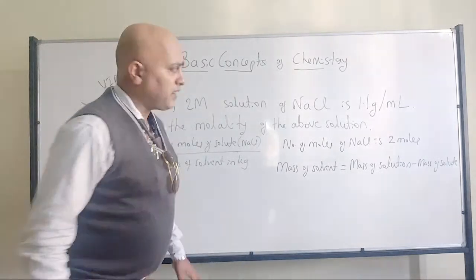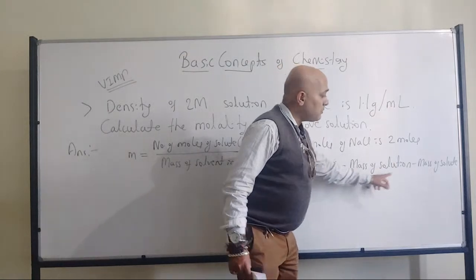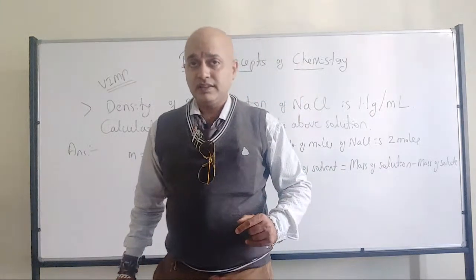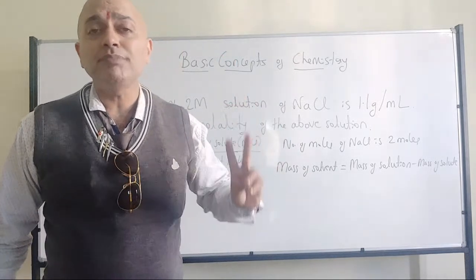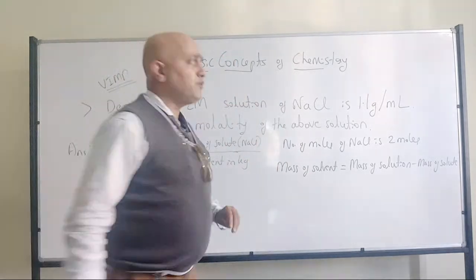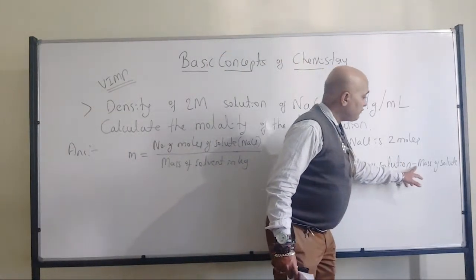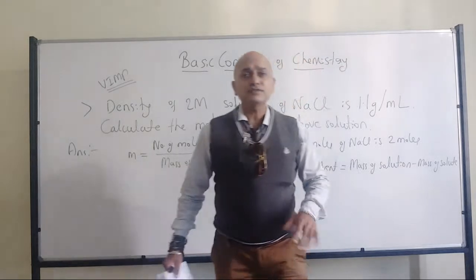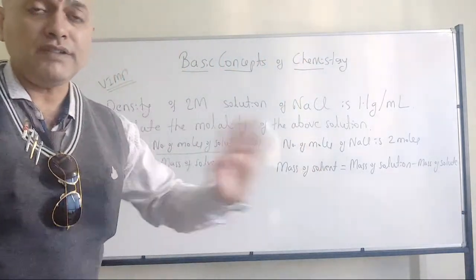So how to find the mass of solvent? First we should know the total mass of solution. What is solution? Solvent plus solute together become solution. So if I find the mass of solution and subtract the mass of solute, I am going to get the mass of solvent.